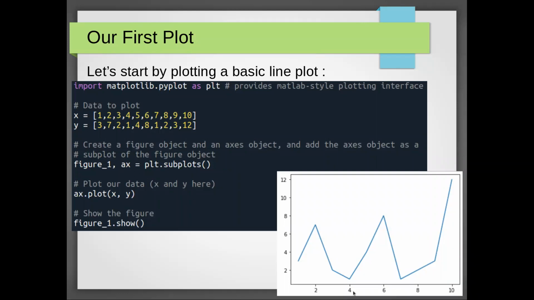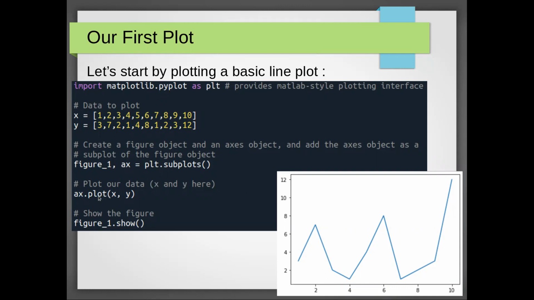As I say, most of the time you're only going to be using one anyway, but there is information in the cheat sheets about how you can do that. But that's basically where you would do it. But for now, we're just going to have a single figure and a single axis, single subplot. So we create the objects here. Then we call the plot method on the axes object. That's the subplot, remember.